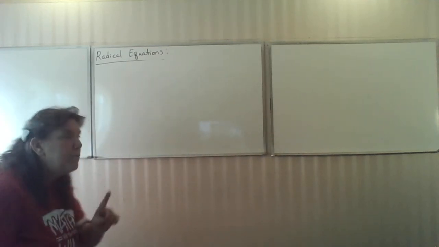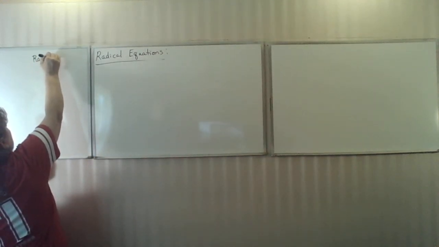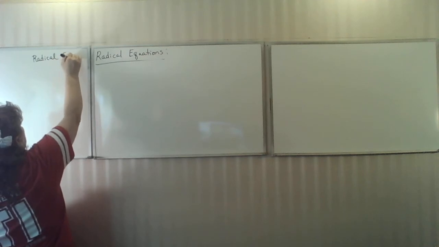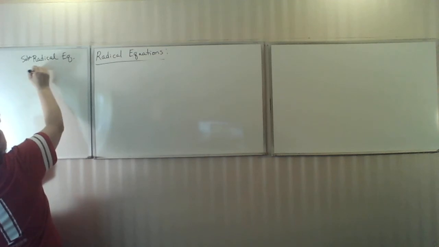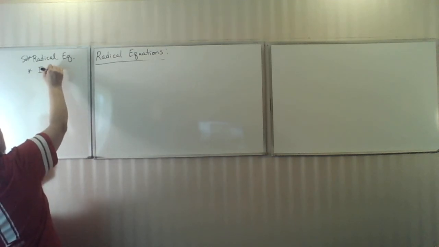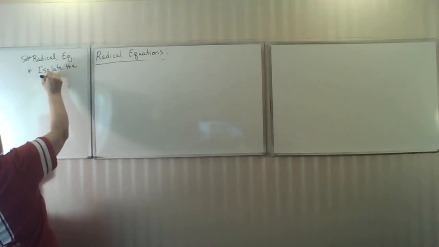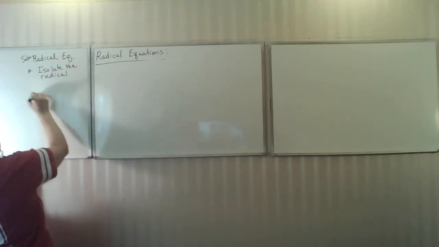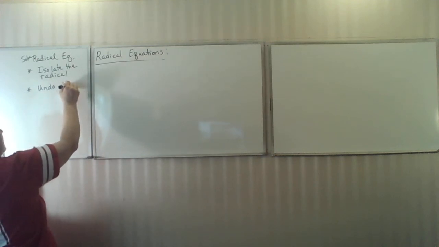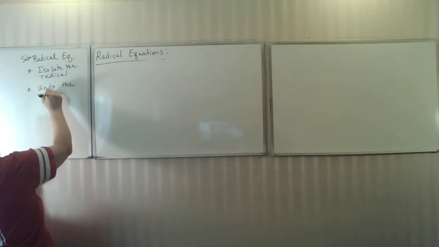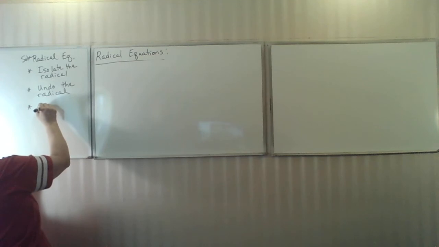But before we can undo the radical in radical equations, we have to first of all isolate the radical. And then the next step is to undo it. Undo the radical. And then, after that, you continue solving.